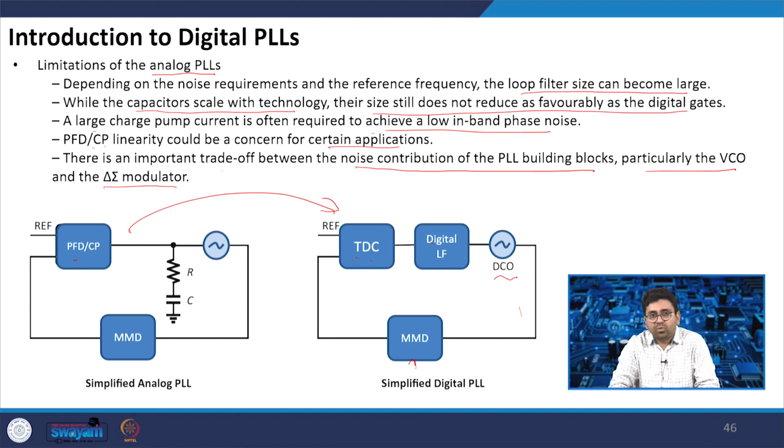So, this is how the digital PLL can also be made by using the same analogy as the analog PLL, and the TDC is nothing but the combination of ADC with the delay. So, that will provide the time to digital conversion.